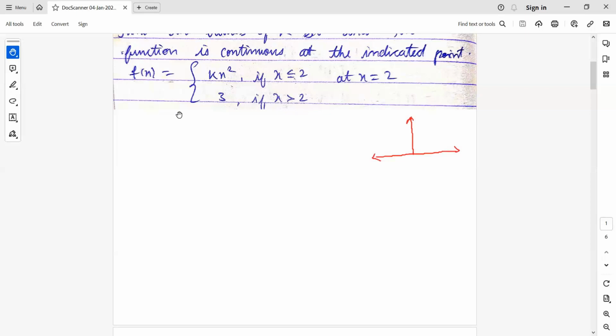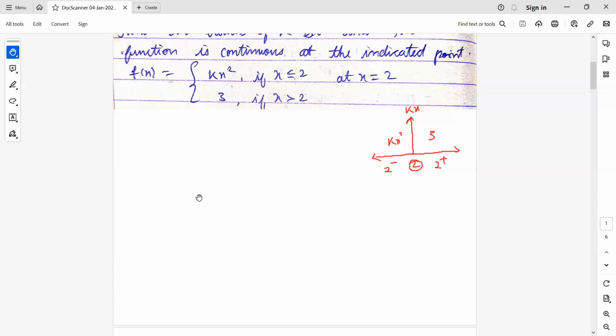By the definition, at x is equal to 2, we apply the definition. When x is equal to 2, the function value is kx square. Replace x with 2, so we will be getting 4k. Then, as already discussed for calculating LHL, LHL is equal to the limit of f of x as x tends to 2 minus.